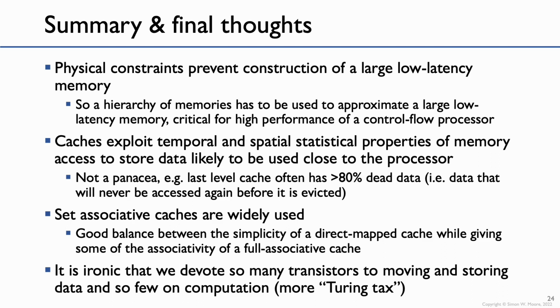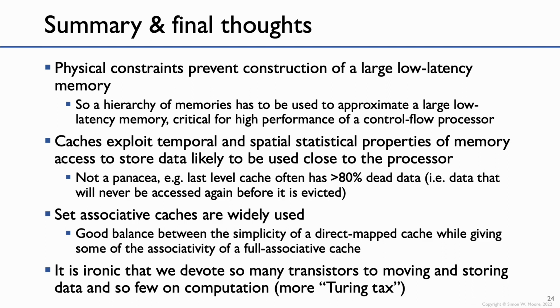In other words, about 80% of the data in that cache will never be accessed again before it is evicted. So that's pretty wasteful, but that's where we are. Set associative caches are widely used. They prove to be a good balance between the simplicity of a direct mapped cache while giving some of the associativity of a fully associative cache.